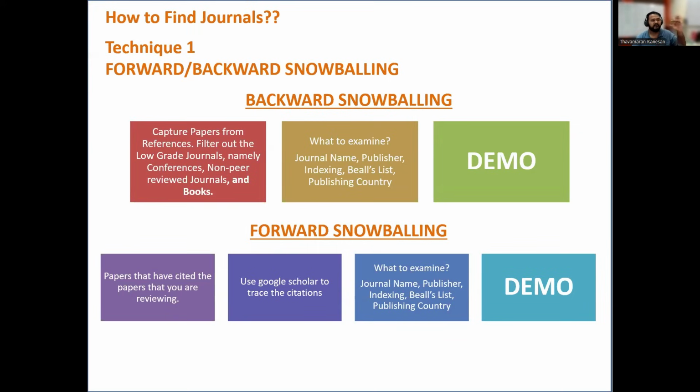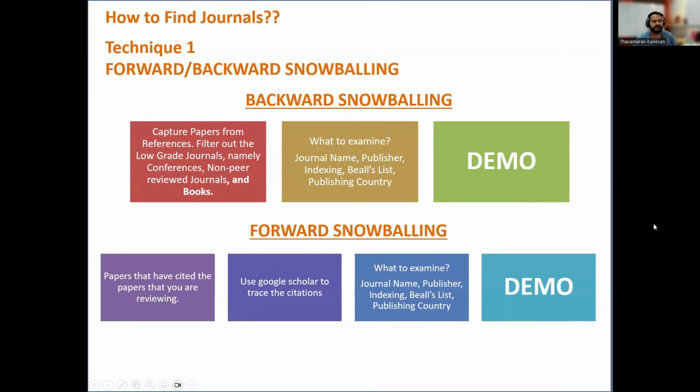All right. Now we go into, if you have a paper at hand, the whole submission process I explained already. Let's say you have a paper at hand, how are you going to choose the right journal to submit your paper to?